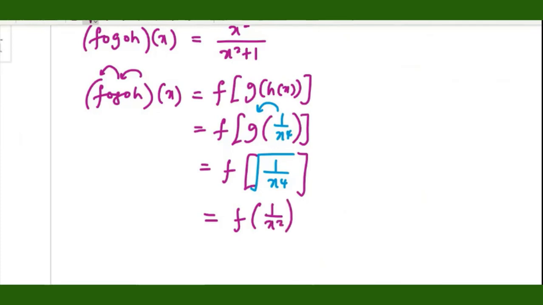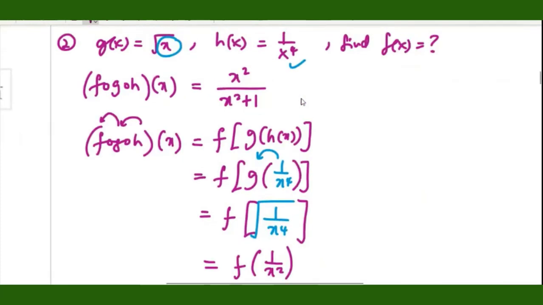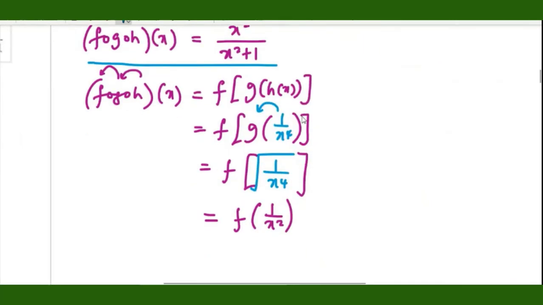Now we have our f of g of h, which is now equivalent to f of 1 over x squared. What can we do? We can equate the two.